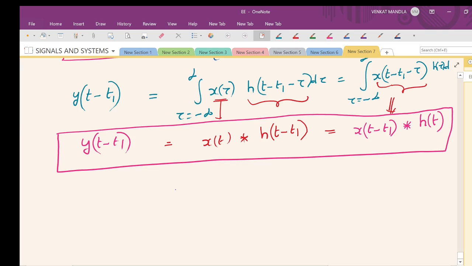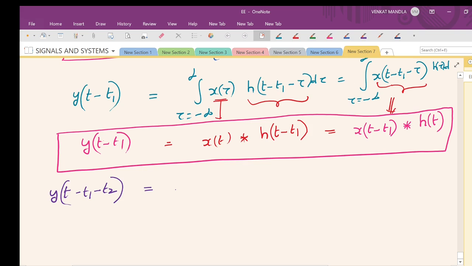This equation tells us y(t − t1) equals x(t) convolution with h(t − t1), and equals x(t − t1) convolution with h(t). It tells us that if you delay t1 amount in y(t), you have to delay any one of the signals. You should not delay in both the signals. So from this property, I will deduce y(t − t1 − t2).